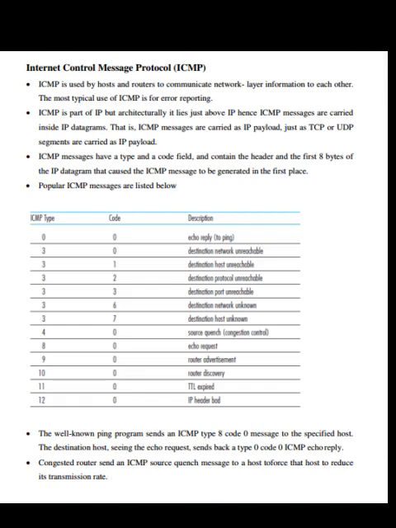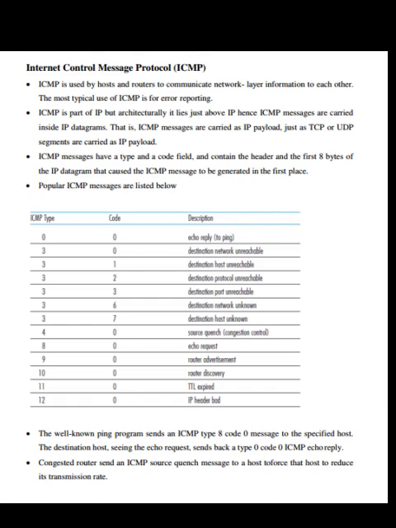That is, ICMP messages are carried as IP payload, just as TCP or UDP segments are carried as IP payload. ICMP messages have a type and code field and contain the header and first 8 bytes of the IP datagram that caused the ICMP message to be generated in the first place.